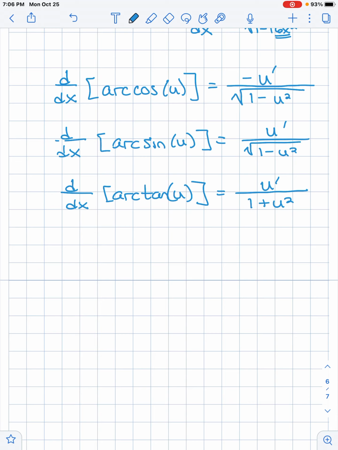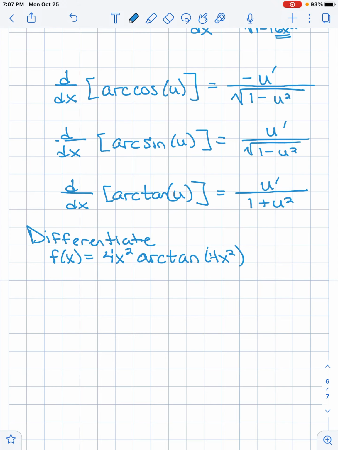Let me just do one last example of how we can use what we just figured out. So I'd like you to differentiate f of x is 4x squared times the arctangent of 4x squared. Why not?